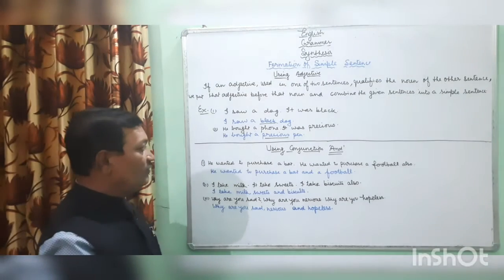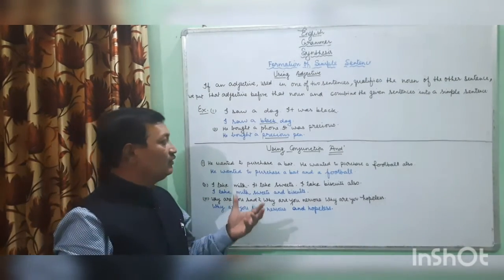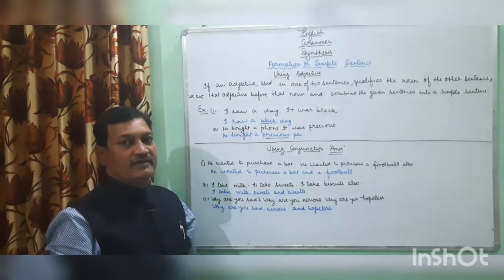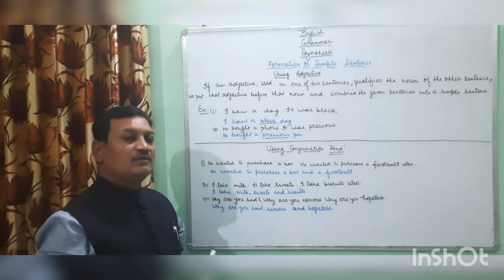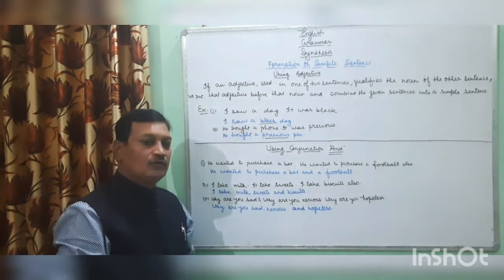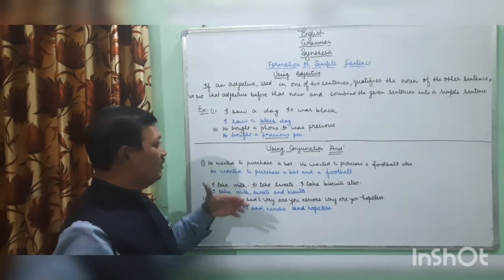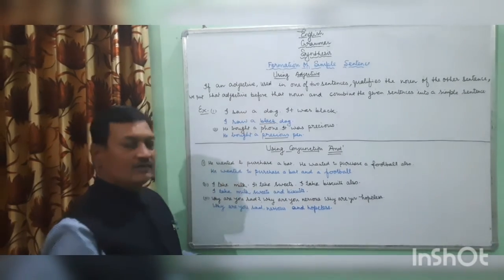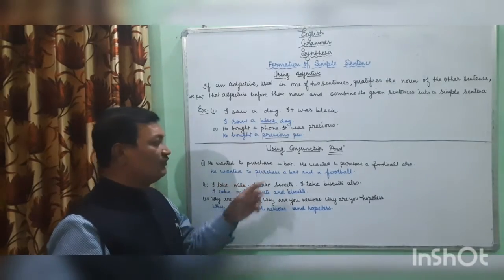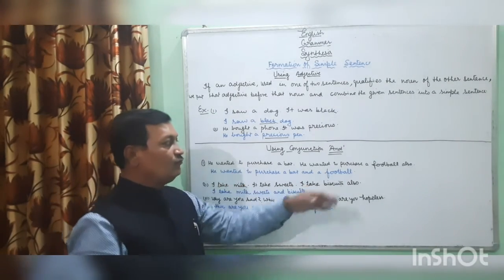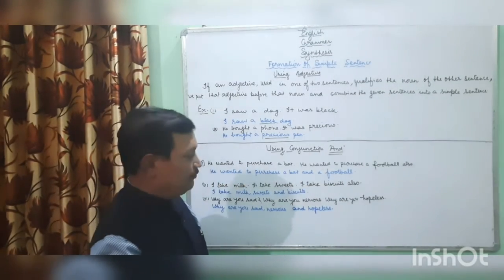Okay. Students, now let's see the use of the conjunction and to combine two simple sentences into one simple sentence. Let's see an example. He wanted to purchase a bat. He wanted to purchase a football also.